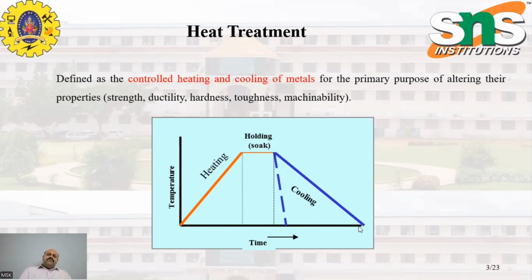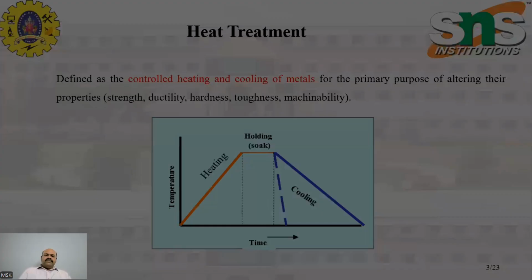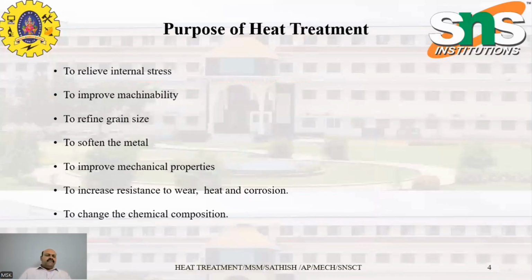So this is how heat treatment is done with the controlled heating and cooling of metals. There is always a temperature limit beyond which we cannot heat any material, so that it does not change its phase. In this context, the purpose of heat treatment is to relieve internal stresses.